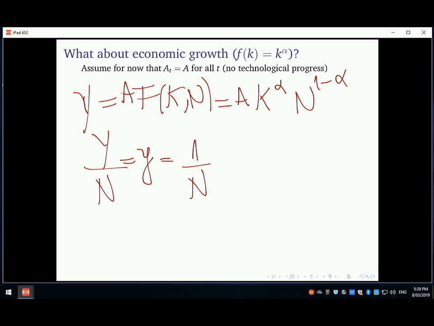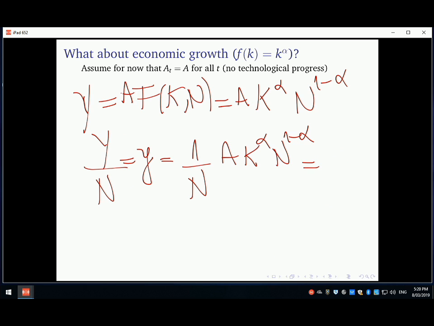When I do that, the big Y becomes a little y, and on the right-hand side, what do I have? I have this. So, what is that equal to? We got N in the numerator and in the denominator. What do we know about exponents? They add up when you're multiplying and they are subtracted when you're dividing, right?